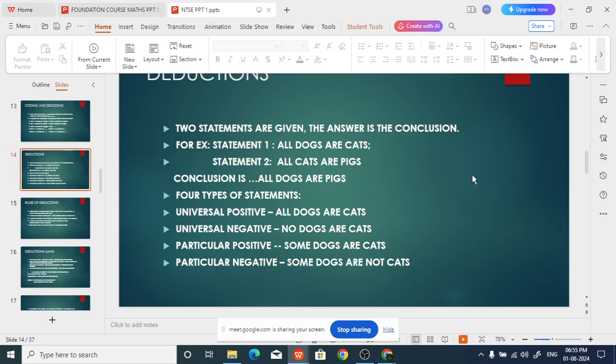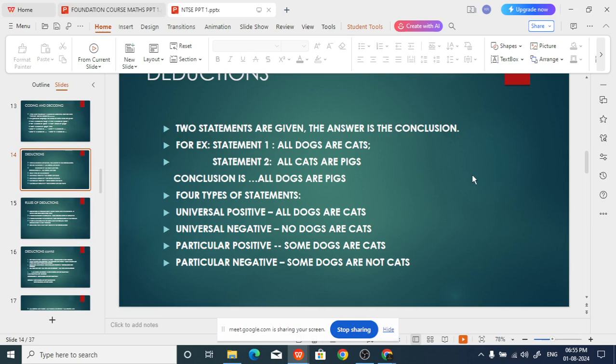It is not universal because we said only some. Anything with some or many is a particular statement, and there is no negative, so it is a positive statement. And some dogs are not cats is called a particular negative statement.